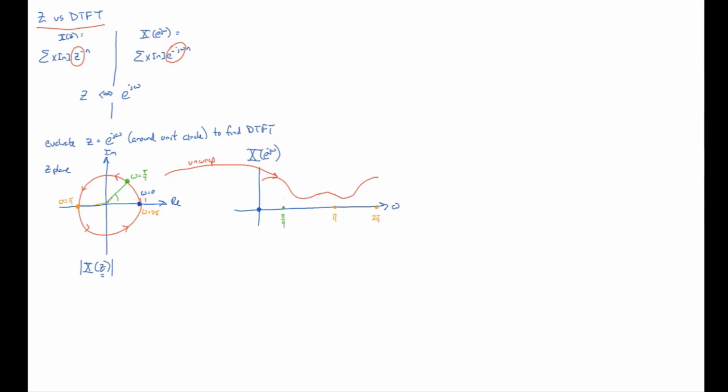And so we've got this surface now that exists over this flat plane of the screen, and that surface is the magnitude of X of Z. So for any complex value Z that I put in, there's a corresponding height, which is this X of Z. Now, if I was to take a cookie cutter and cut out a circle in my height graph, so the height graph looks kind of like a circus tent. And wherever we had a pole, that circus tent would be poked all the way up to infinity.